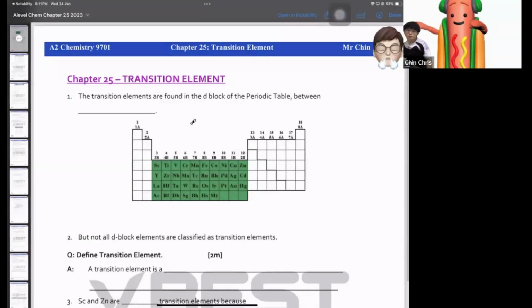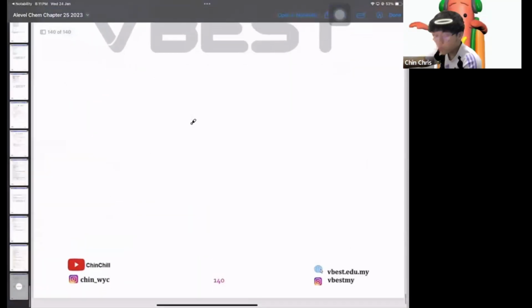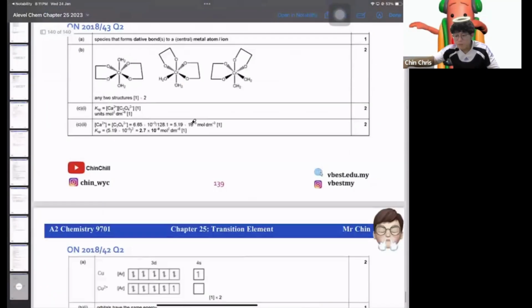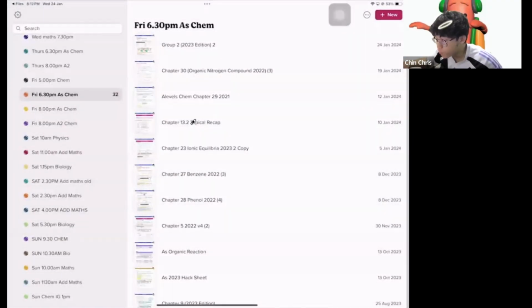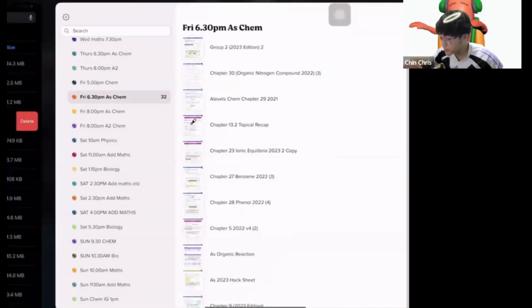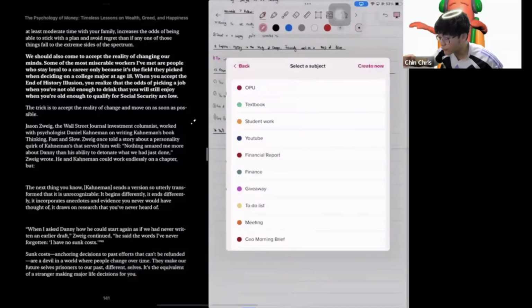Guys, I'll give you 2 minutes to prep yourself. As you can see, I'm not exaggerating. 140 pages. You guys have been with me for more than a year already. I hope at this moment you don't go and buy topical past papers.